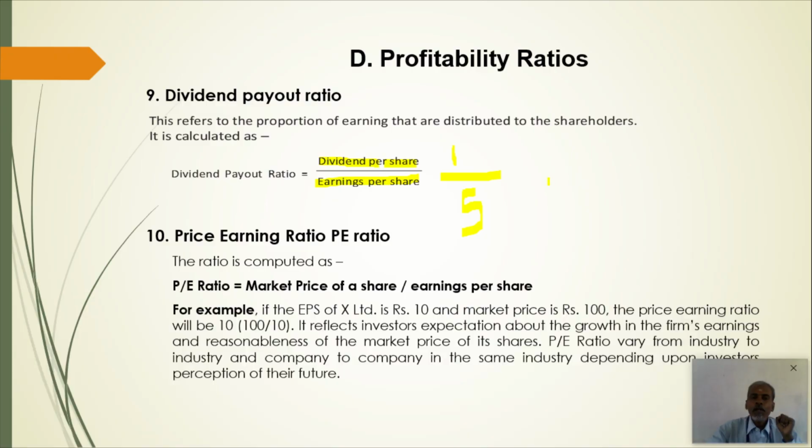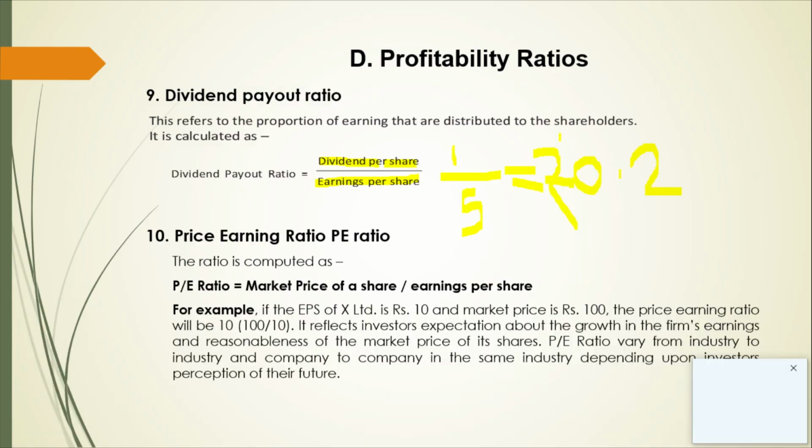This is approximately or exactly 0.2. So the dividend payout ratio is 0.2. Just take out the rupee, it is not expressed. You can have it as rupee, but it is 0.2.